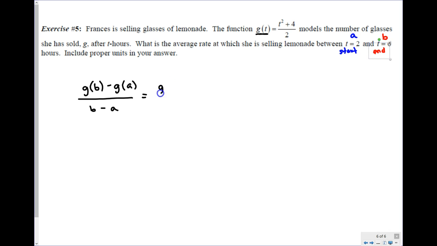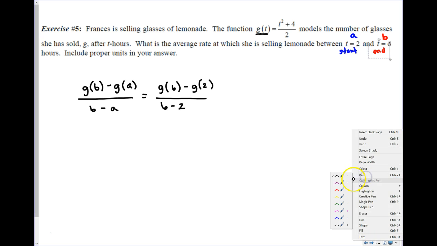Instead of g of b, I have g of 6 minus g of 2 over b minus a, which is 6 minus 2. So this is another way of setting it up if you want to replace the b's and the a's and then find out what they are. I know what 6 minus 2 is, but I don't have g of 6 or g of 2. So those are the two things that I have to find out.